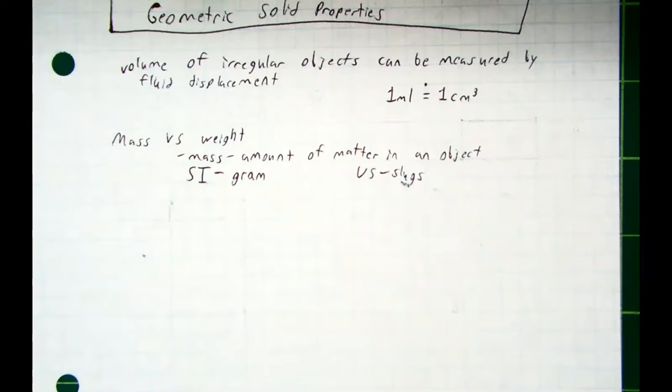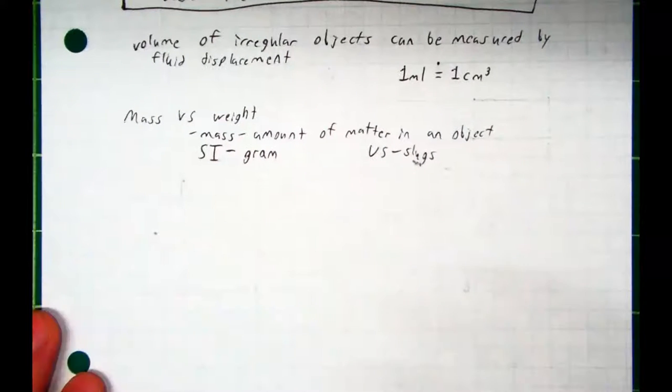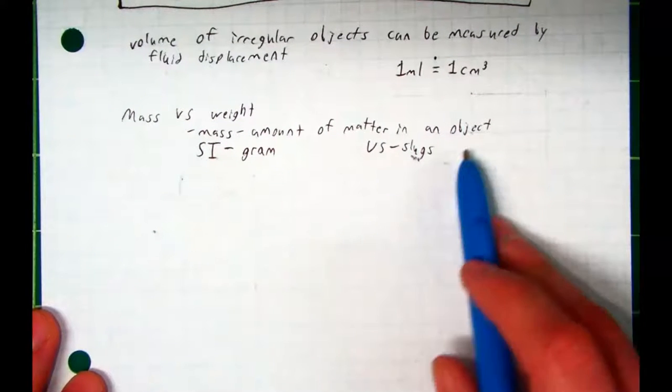I did it this morning, and I found out that I was 6.06 slugs. That's how much mass I take up. You just type it in Google, pounds to slugs, and you can get your own conversion rate. It's kind of fun. We don't use it very often, and hopefully by the end of this lesson, you'll understand why. Yeah, that's how we measure mass.